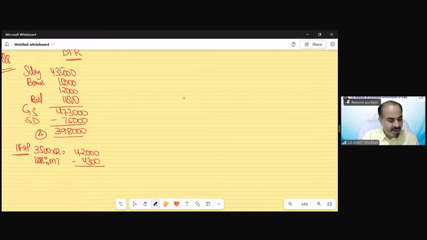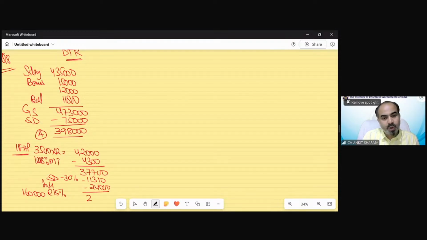So that would be my value, 37,700. Standard deduction 30%, 11,310. And for the interest, you must remember the question says a 1,60,000 loan has been taken at the rate of 15%. So the interest was 24,000.